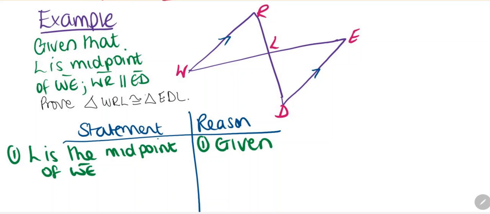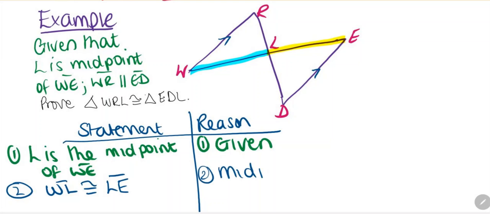And then number two, that WL is congruent to LE, because we know that this here and this here are of equal length, and this is because of the midpoint theorem.